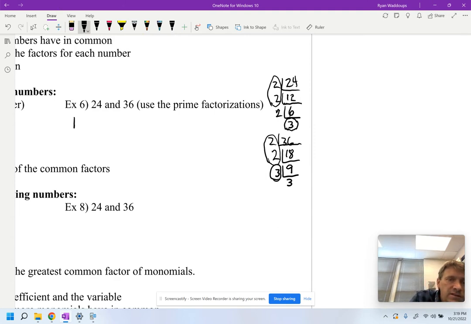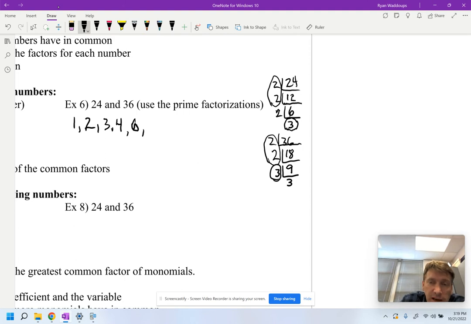So we can list that they have a 1, they have a 2, they have 3. We know they have 4 in common because 2 times 2 is 4. They don't have 5. The 5 isn't a factor of either of them. If you take 2 times 3, that's 6.